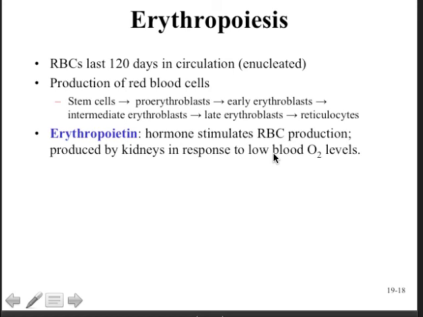It's made in the kidneys in response to low oxygen levels. This is one of the reasons why people that live at high elevations have higher hematocrits, because their erythropoietin production is stimulated by the low oxygen concentration in the air at these elevated levels. So you'll see in those individuals a higher red count, a higher crit than you would see in somebody that's lived most of their life at sea level.